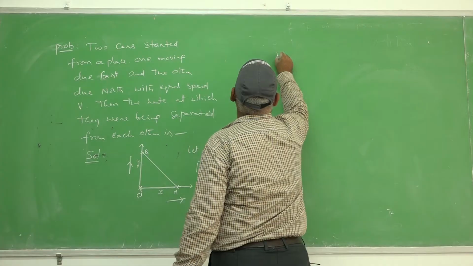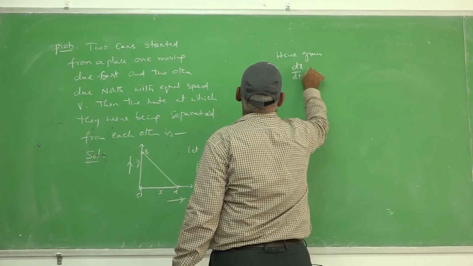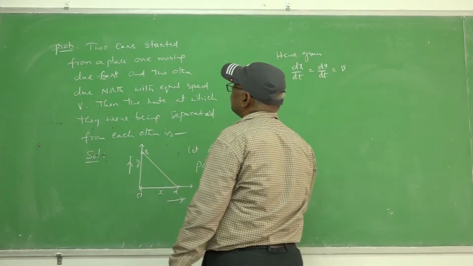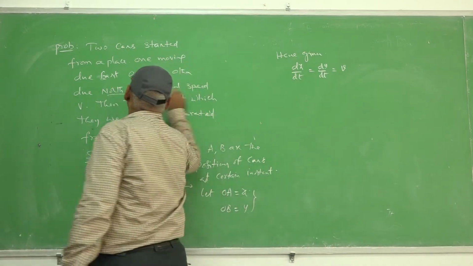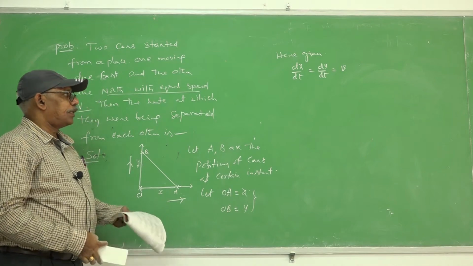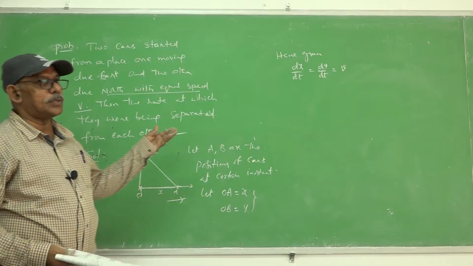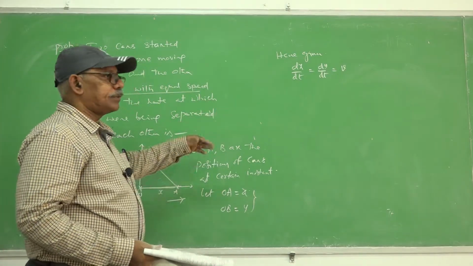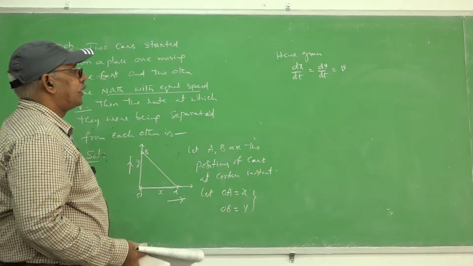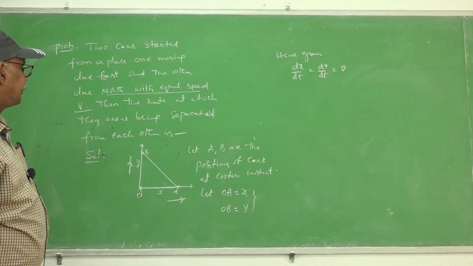Here it is given that dx by dt equal to dy by dt equal to v, because both have the same speed. The rate of change in x is the same as the rate of change in y, and is given as v.